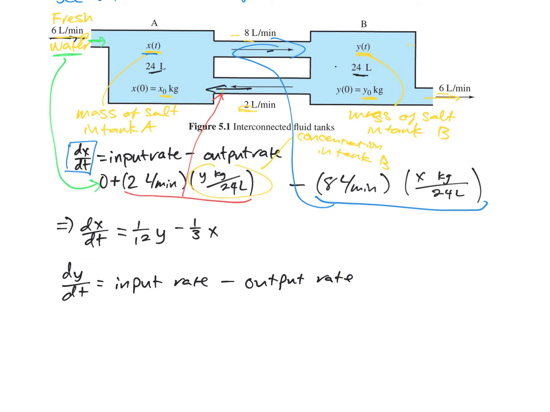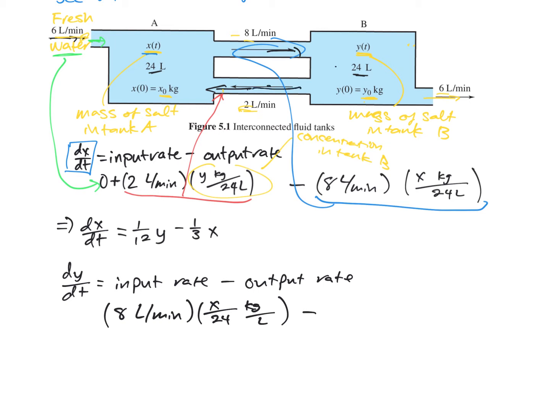Well, first we have the quantity coming in from tank A. So that's going to be 8 liters per minute times x over 24 kilograms per liter, minus what's going out.